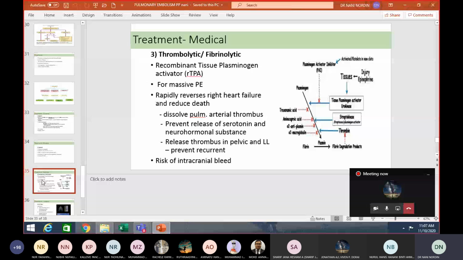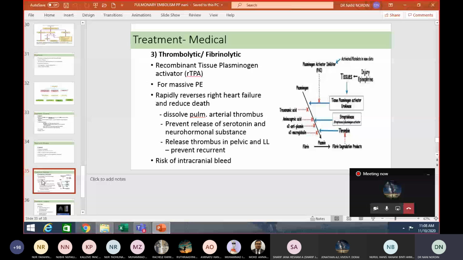So it is more indicated in a patient with a big thrombosis with hemodynamic consequences. So you want to give RTPA, only for massive PE. It rapidly reverses the right heart failure if it's there.